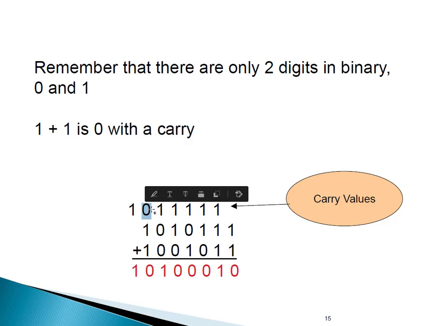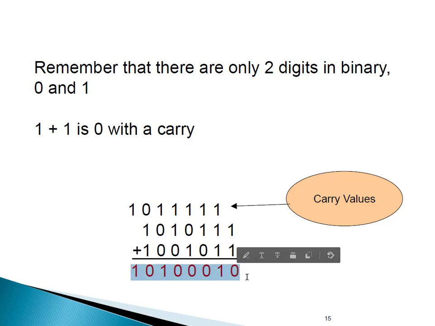You could have left it blank as well, that's fine, but I want to explicitly show you that there's no carry. It becomes 0 plus 1 plus the carry, which gives you 10, that's 2. So there's still a carry here. We're not yet done, and there's a 0 here and a 0 here. So it's 1 plus 0, which is 1, and this is your answer.